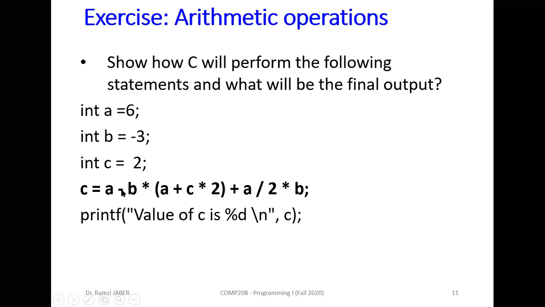We have here minus, times, parentheses, plus, division, times. So we start with the first priority, which is between parentheses. Also inside the parentheses we have plus and times multiplication, so we start by multiplication, not by plus.